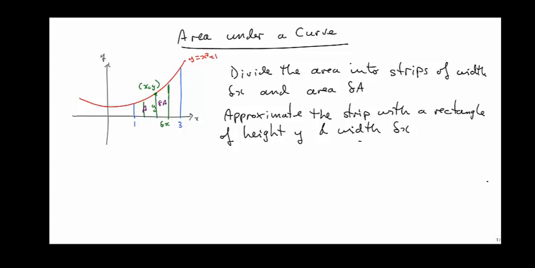Approximating the area of the strip delta A as a rectangle like that, delta A is approximately y delta x, and dividing by delta x, we have delta A divided by delta x is approximately equal to y.